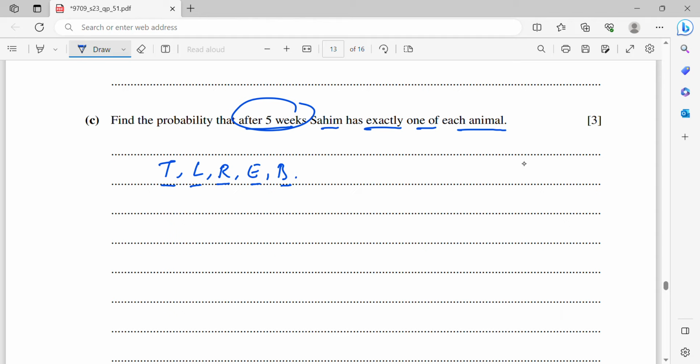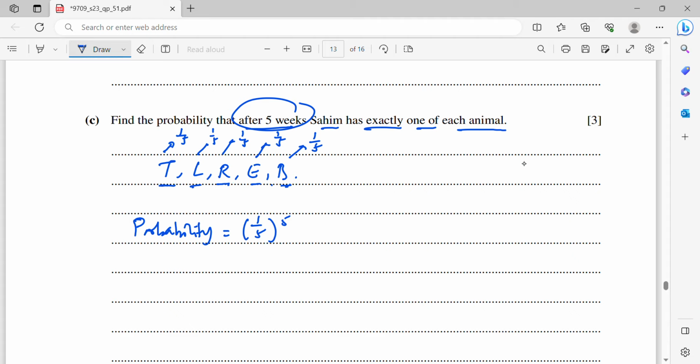Now the probability equals, each one is 1 over 5, because they have equal probability. It's mentioned in the question. So when you multiply all of them, it is the same as 1 over 5 to the power 5. But we are not sure of the order, the sequence of getting the animals.